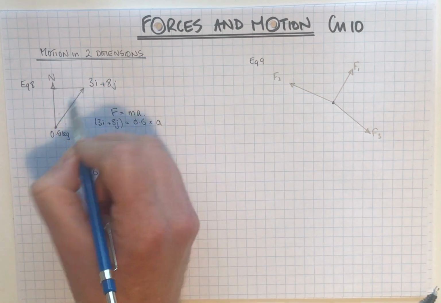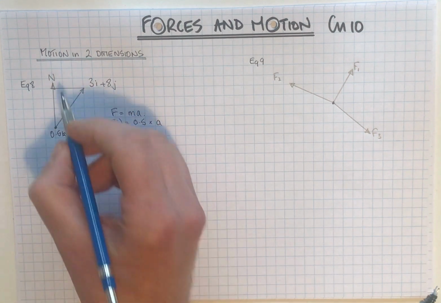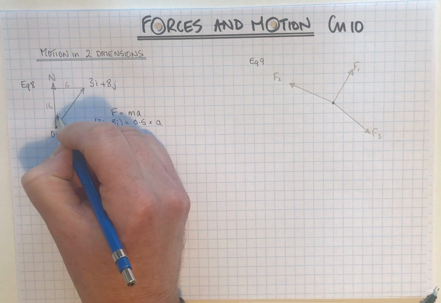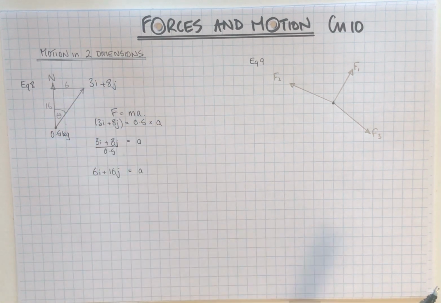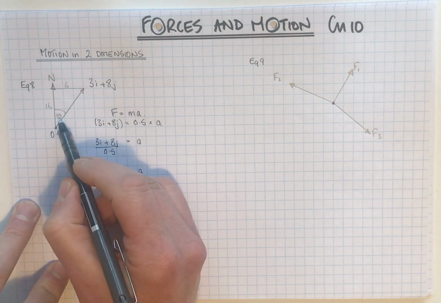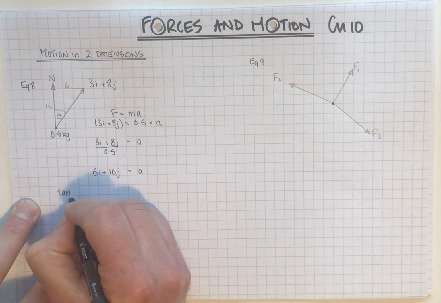So in terms of acceleration, if I now convert this into an acceleration diagram, this is 6 and this is 16. So I'm working out this angle here, which would be a bearing. So that's the angle, that's the opposite, that's the adjacent. So let's show some working here.